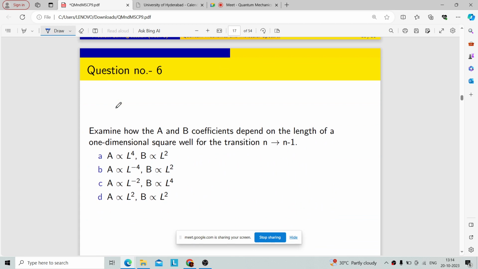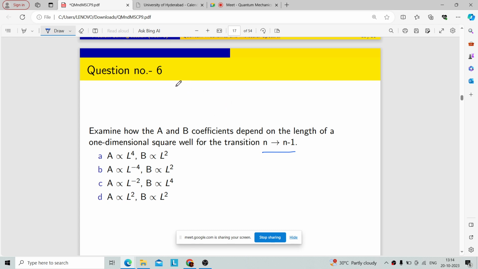Examine how A and B coefficients depend on length for a one-dimensional square well of length L, for the transition n to n minus 1.